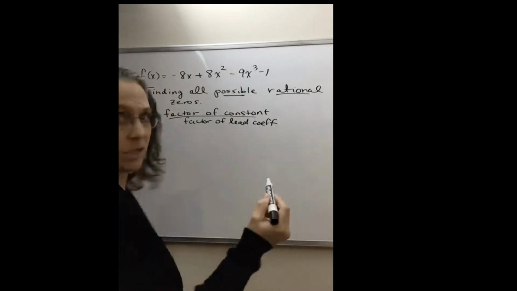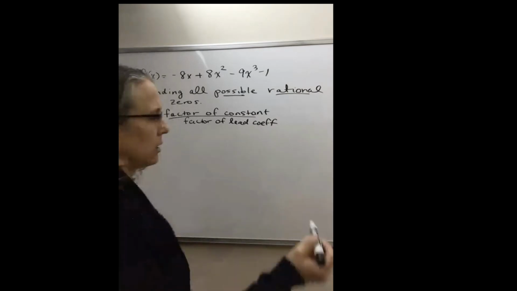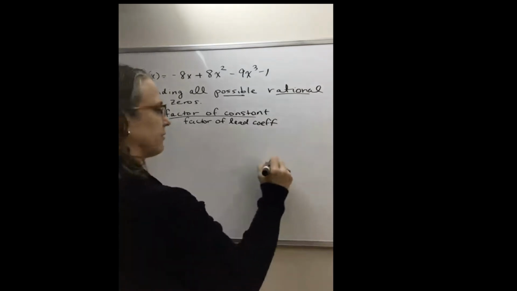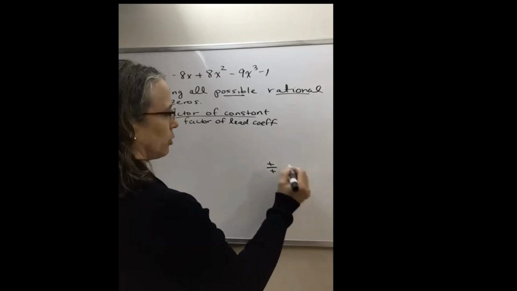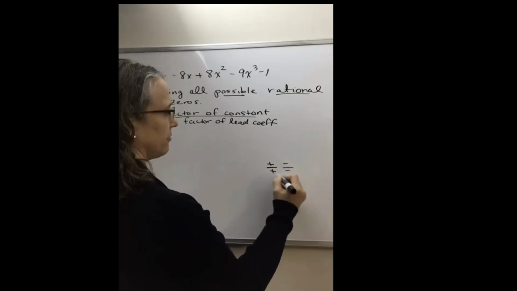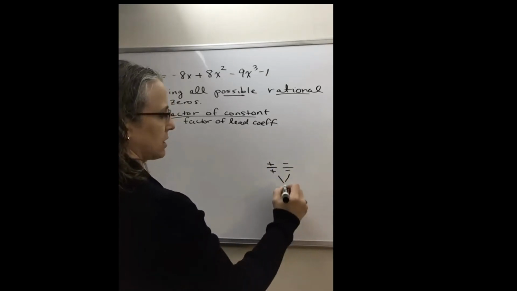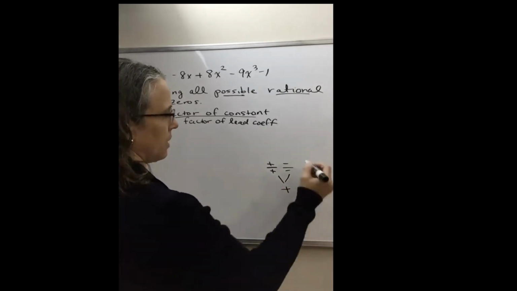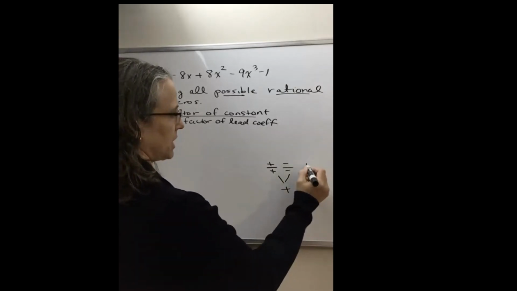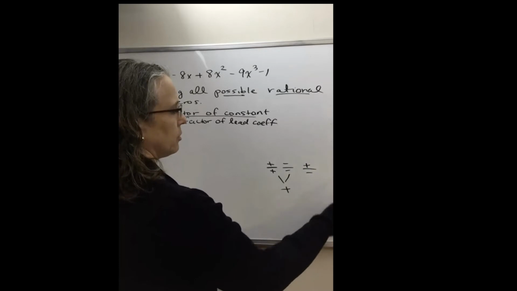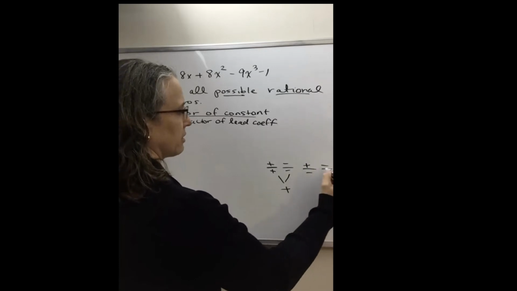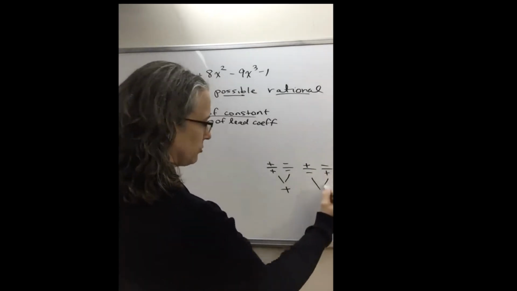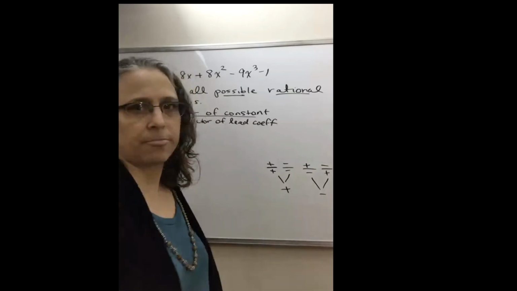So one of the things that I like to point out is if I take a positive and divide it by positive, or if I take a negative and divide it by negative, in both cases, I get a positive answer. And if I take a positive and divide it by negative, or a negative and divide it by positive, in those two cases, I get a negative.